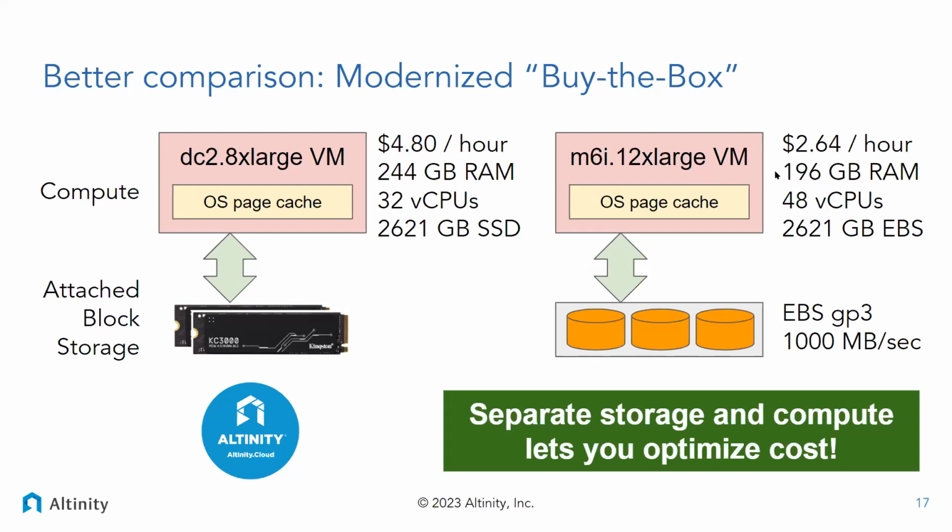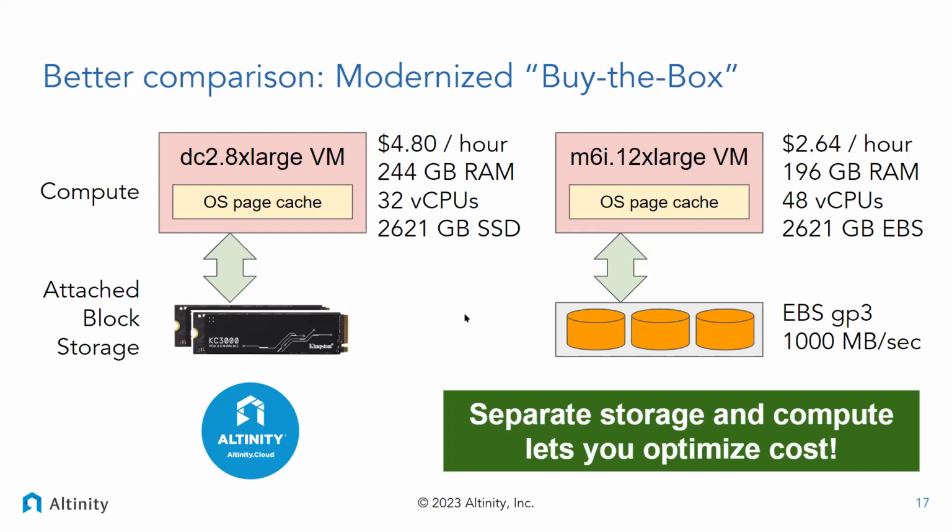So that's still about the same markup, but there's actually another thing about this that's really important, which is that by separating the storage and compute, you can now easily adjust the relative amount you spend on compute versus storage.